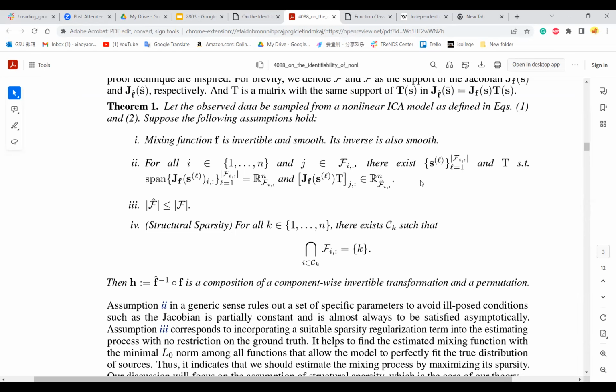So it's trying to get that, that's what H is. They write it as F hat inverse there in H, right? F hat inverse, a sparse matrix, like a permutation matrix, if it's in the linear case. All right, that's correct.